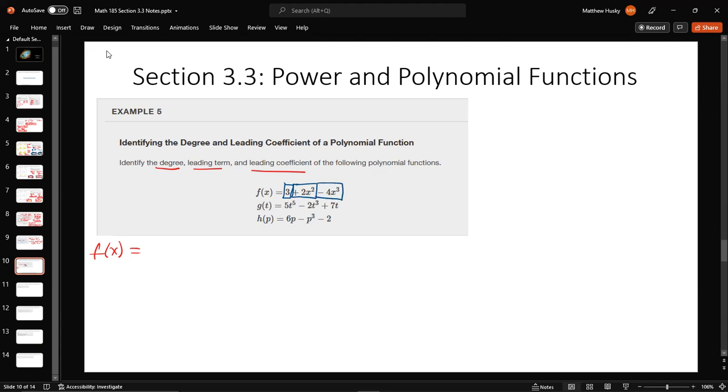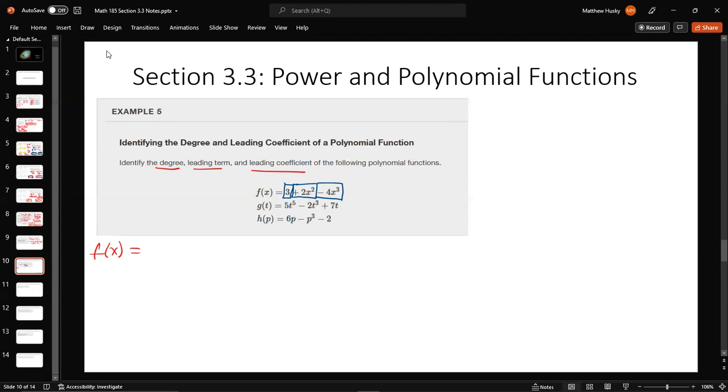But the plus and minus signs let you see the boundaries from one term to the next. And the plus or minus sign is attached to the number directly behind it. So if it's a minus, that means you have a negative coefficient. And if it's a plus, that means you have a positive coefficient.